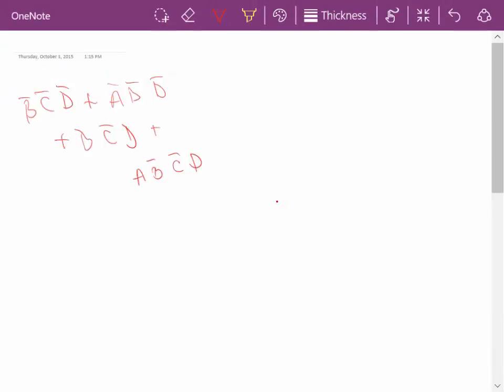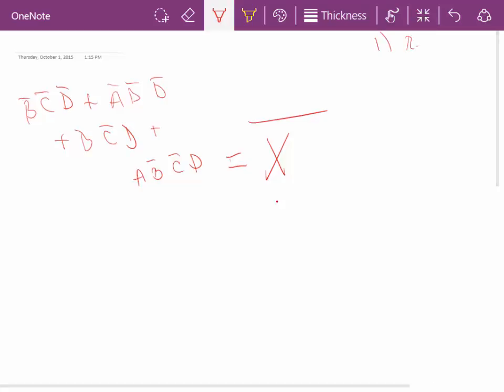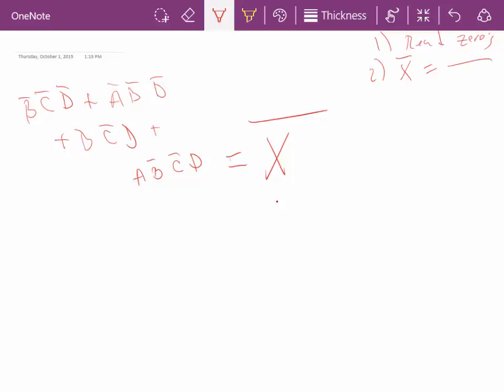Okay, so we've got this expression right here. This is what we read out of the zeros, so this is what X is not. So number one is read the zeros. So X naught is equal to whatever we read out. So X is equal to whatever we read out, knotted.